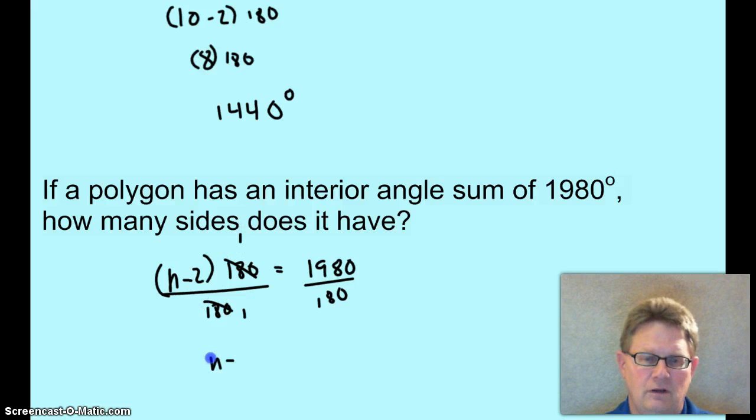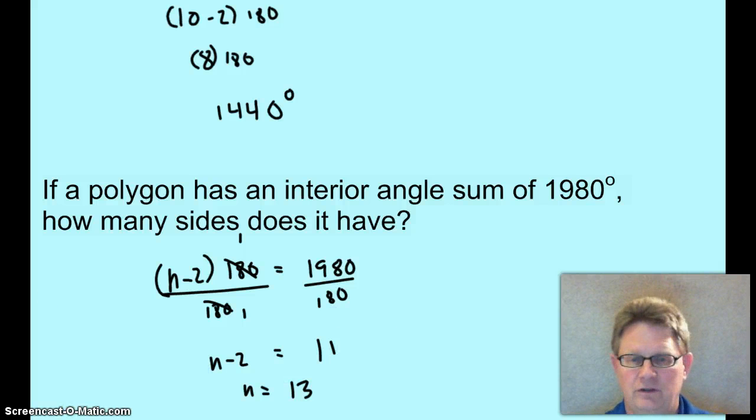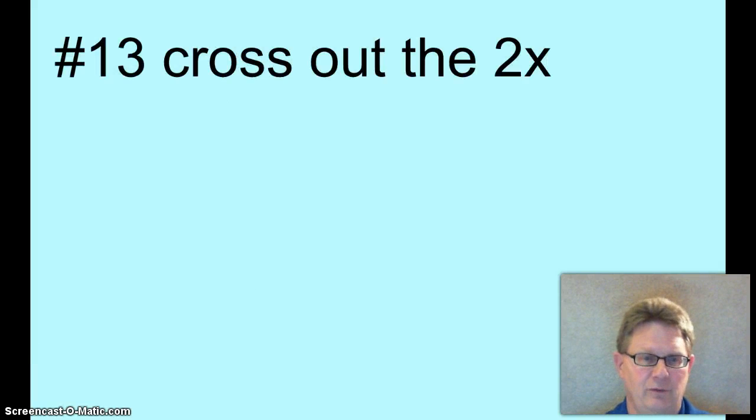The left side you still have n minus 2. And on the right side that would be 11. Add 2 to both sides. It must be a 13-gon. The number of sides is 13. We'll call it a 13-gon. Yeah, after we get past 10 we just skip the Greek and go right to English on the gons. Yeah, I don't know, it's kind of weird.